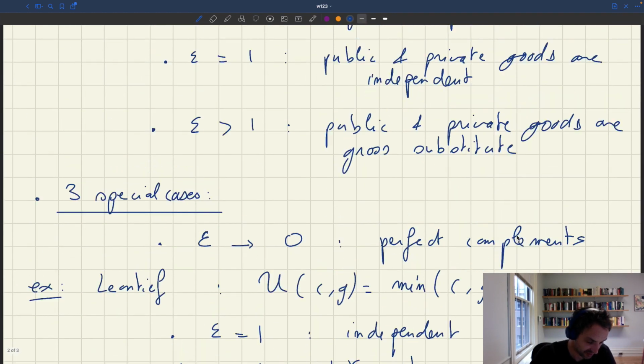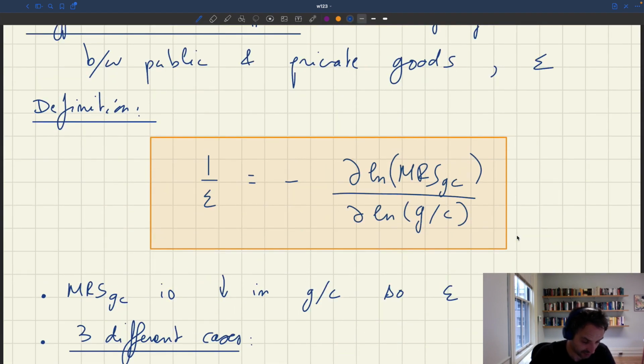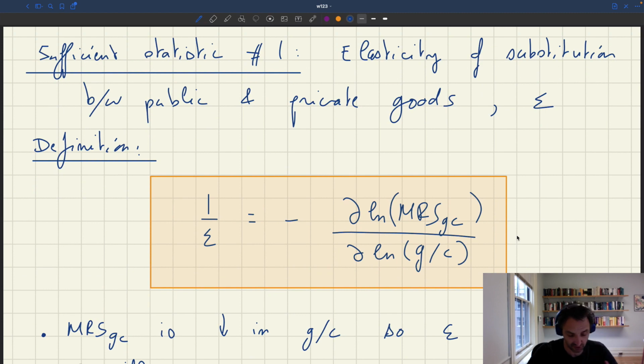Okay, so these are the different cases for the elasticity of substitution. The elasticity of substitution captures how the marginal rate of substitution, which is just the value of the public good in terms of the private good, varies with the ratio between the two. When epsilon goes to infinity, the marginal rate of substitution doesn't vary with the ratio. That's when you have perfect substitutes.